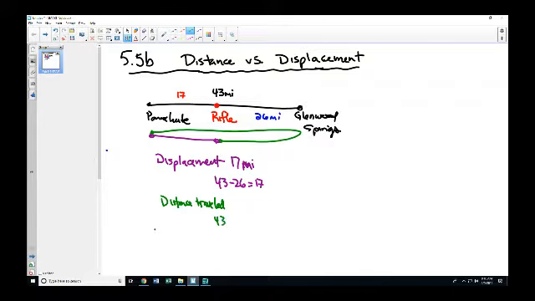43 plus 26. Okay. What is the difference between these two? Addition versus subtraction. Okay. Could I write this as such?